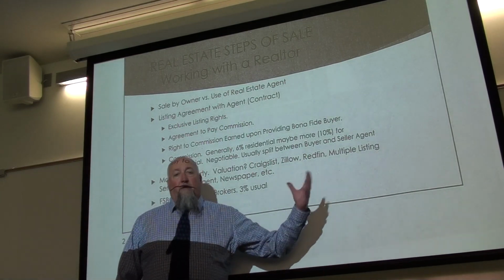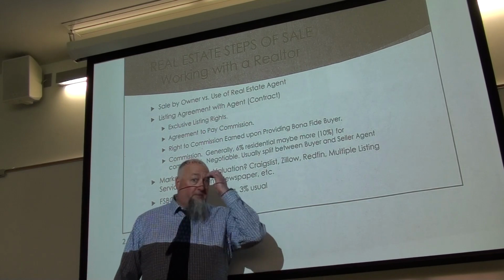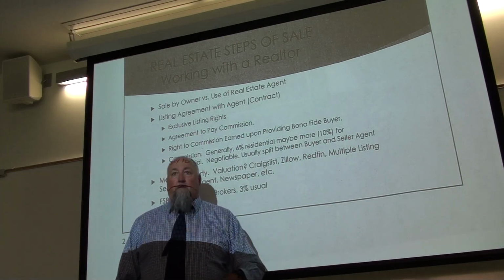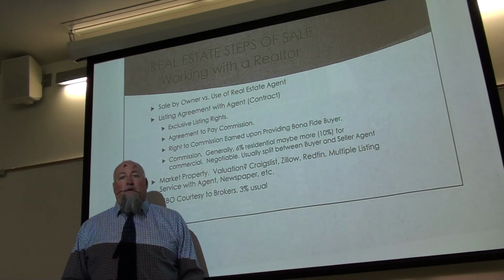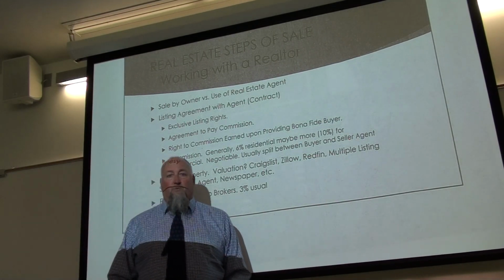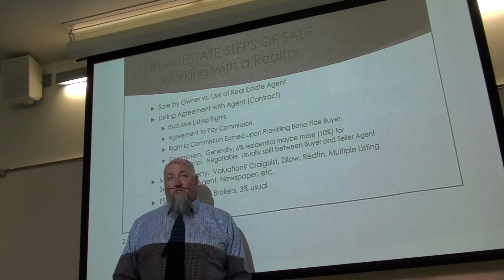And to be fair, the agent has time involved, and they pay marketing costs, they put ads in the newspaper and on the internet, they hire a photographer to go out and do all the website materials. So they have costs that they need to recoup as well. That's part of why that is within the listing agreement.